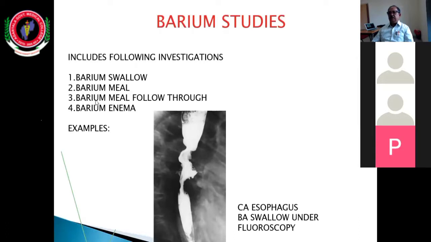And barium follow through to see any lesions of the jejunum and ileum. And barium enema mainly to see the large gut. Now there is an X-ray showing an irregular filling defect at the middle part of the esophagus with a shouldering effect, suggesting CA esophagus.